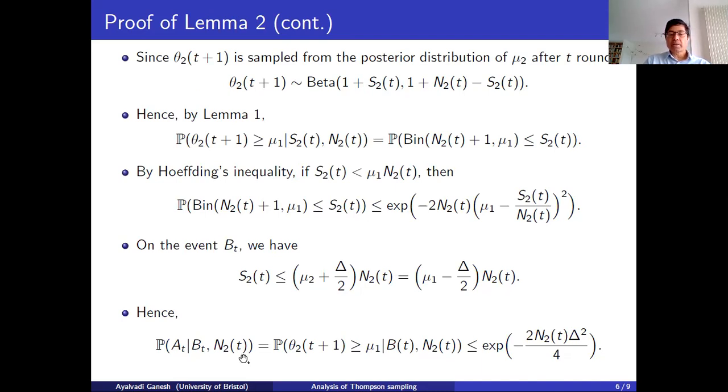Now, we only want to bound this conditional probability for t bigger than tau. If t is bigger than tau, what can we say about N2t?